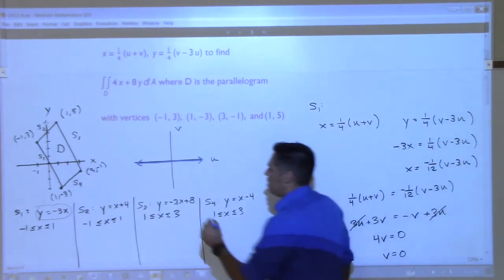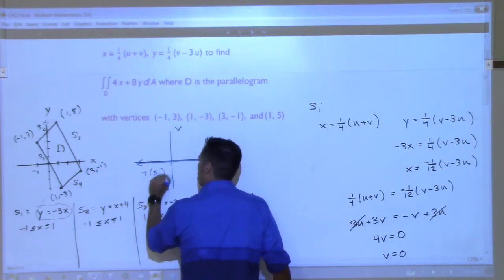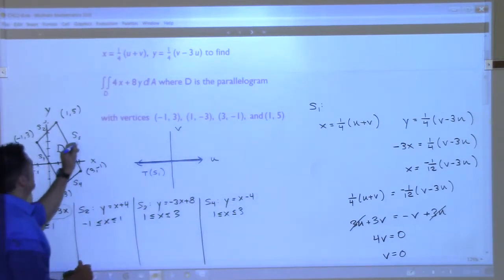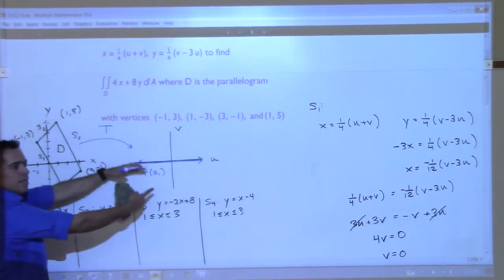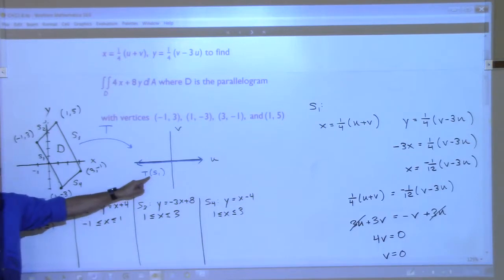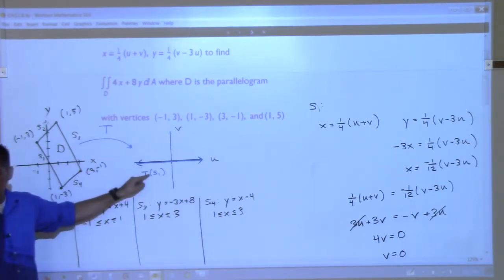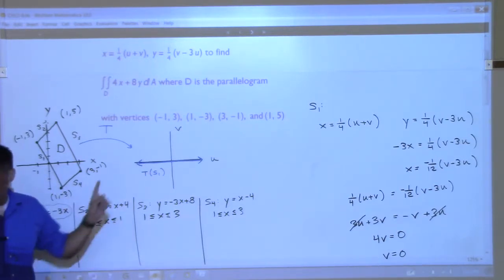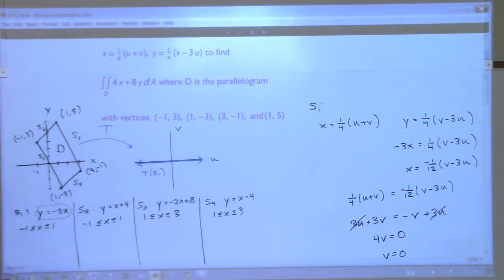So I'm going to call that transformation T. This is just notation the book uses, but that's just so you understand that if there is a transformation that's taking us from here to here, then this line segment is the image of that S1 passed through the transformation over to the UV plane. Got it? No questions? We've got to do that for S2, S3, S4. And then we'll see what this region looks like over here.